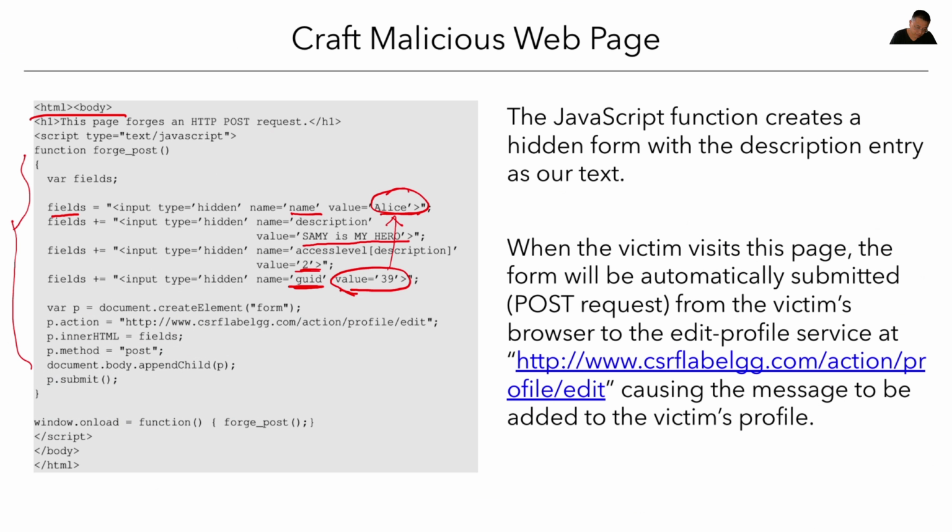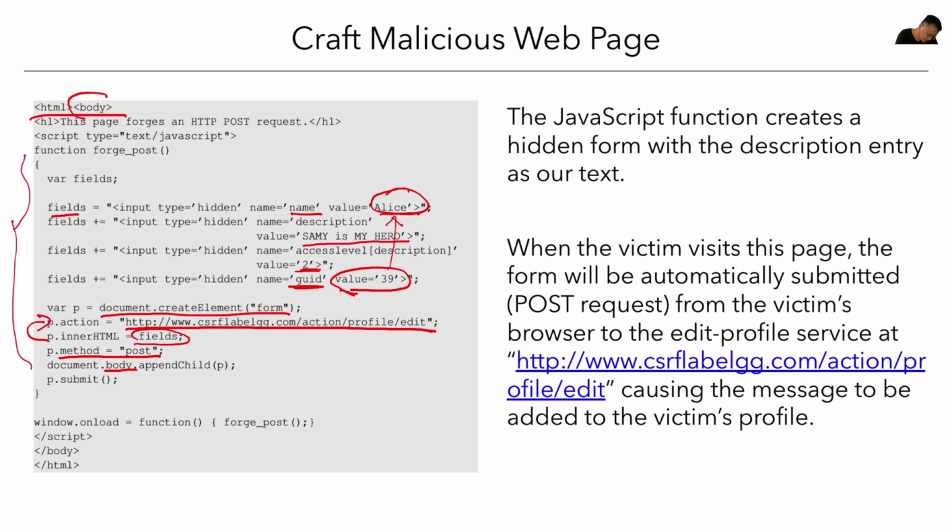Okay, then we create a form. So this is the form's action. Then we have these fields attached to this form, right? So the form, the method is post. When we append this to the body.